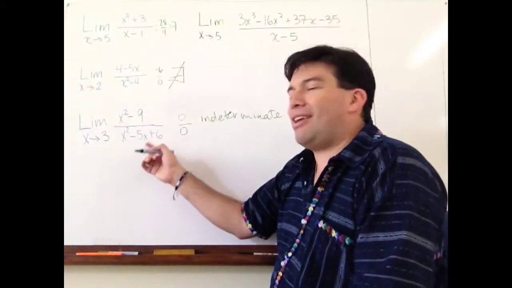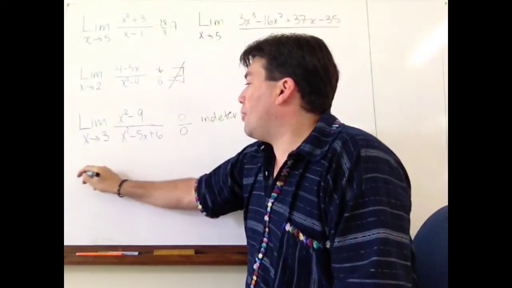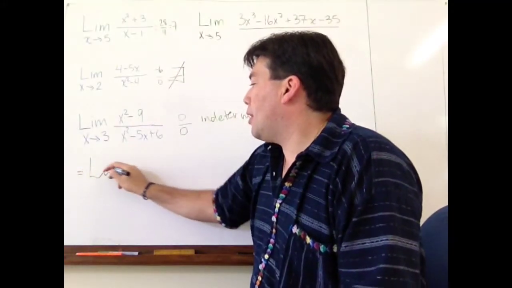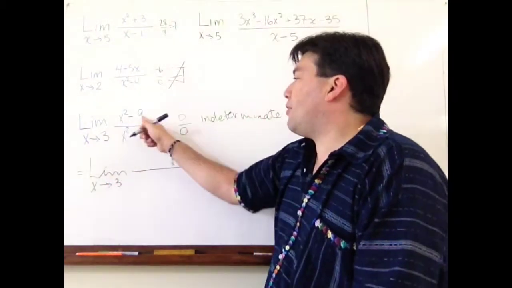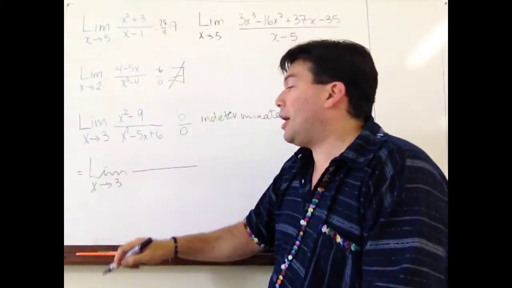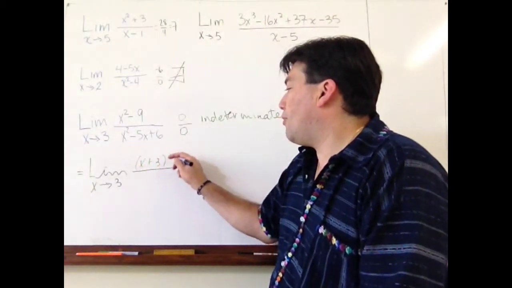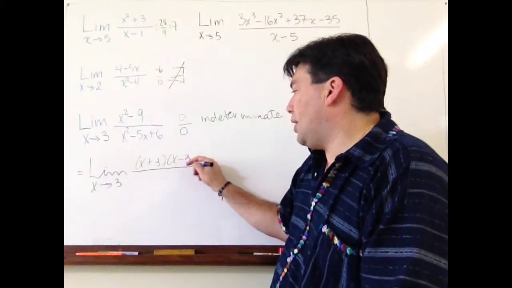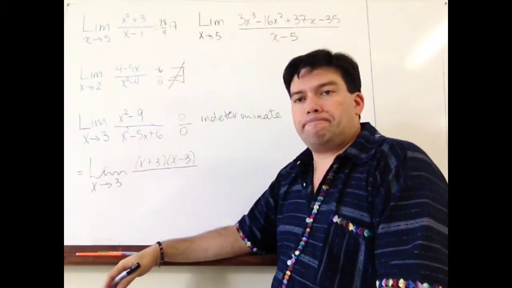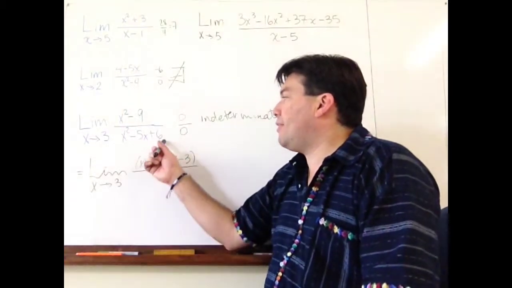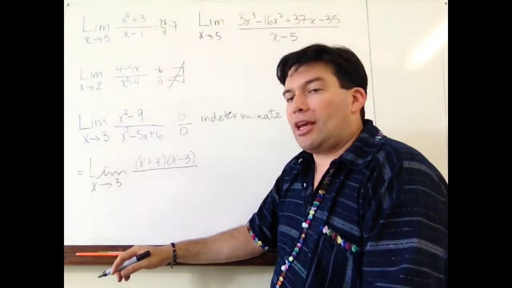The way we work it, in this case, is factoring. So this limit equals the limit as x approaches 3. Now we're going to factor. This is a difference of squares. X squared minus 9 is x plus 3 times x minus 3. And x squared minus 5x plus 6, two numbers whose product is 6 and sum is negative 5, those are negative 3 and negative 2.